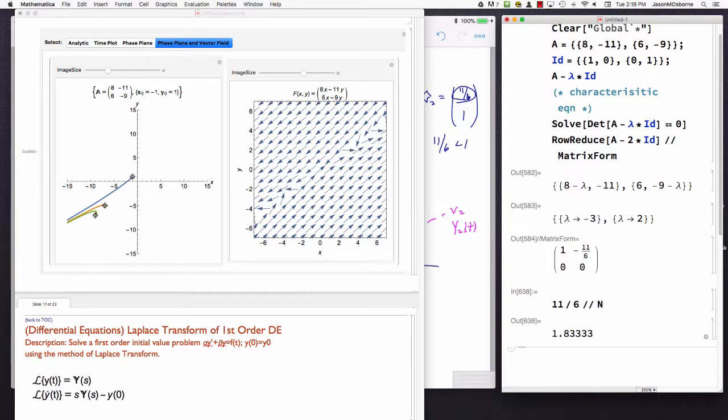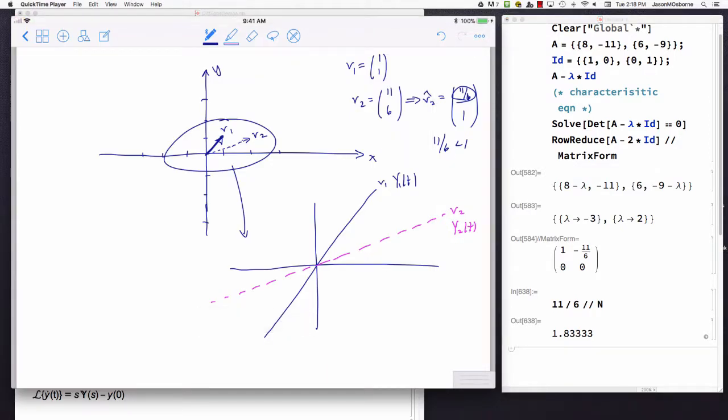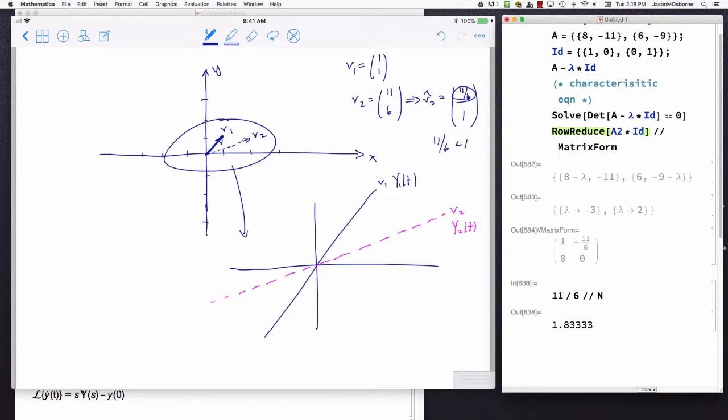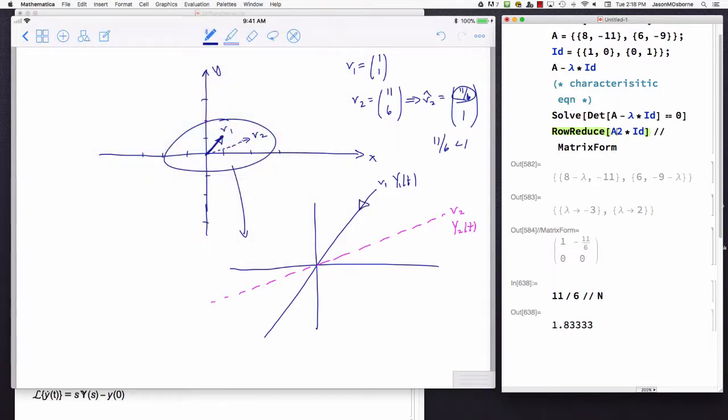And we know the eigenvalues. It was a minus 3 for y1, so y1 solutions are coming in this way along this initial condition.